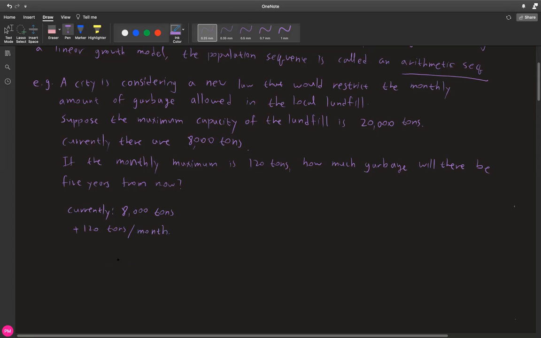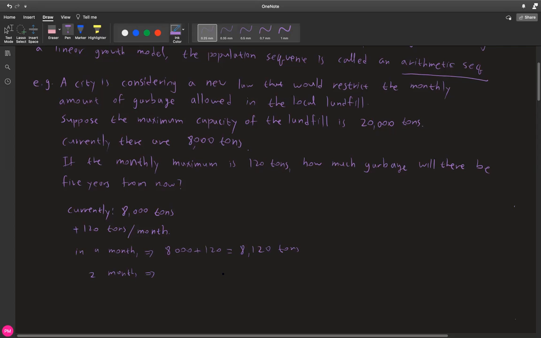So in a month from now, we will have 8,000 plus 120 tons, which will be 8,120 tons. And in 2 months, we will have another 120 added on top, and so on and so forth.